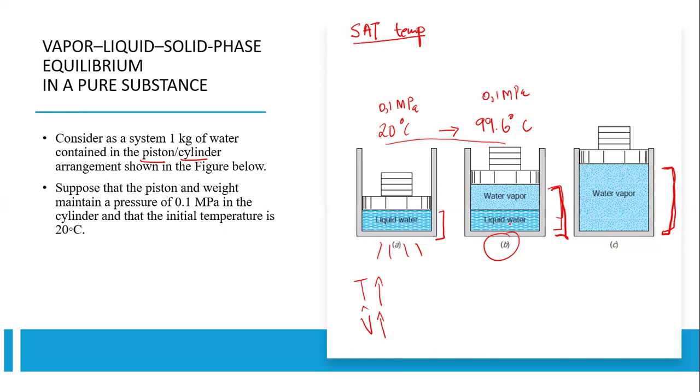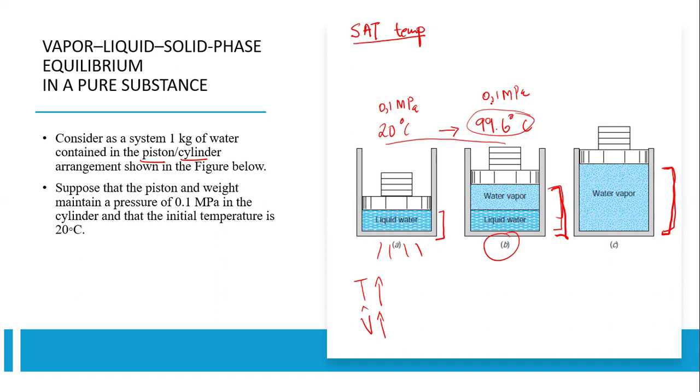So when do we have the saturation temperature? Remember, I said to you that vaporization will start to take place here at diagram number B, whereby the temperature is reached to be 99.6 degrees Celsius. So the saturation temperature is this temperature over here, whereby the vaporization takes place at the given pressure of 0.1 megapascal. So when you define these words, you relate them to the pressure.